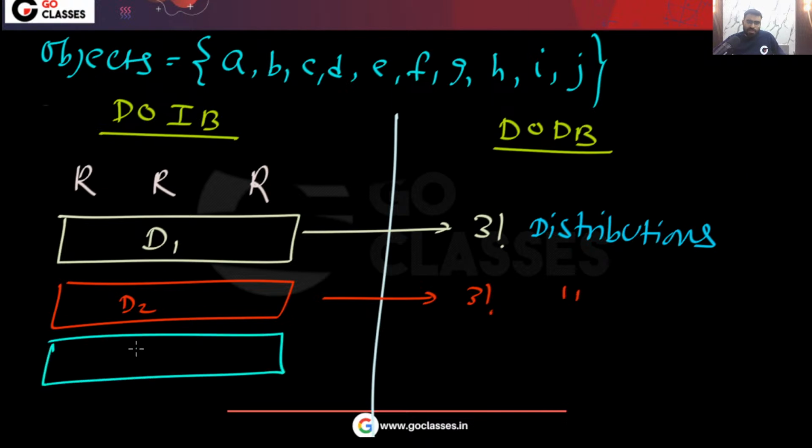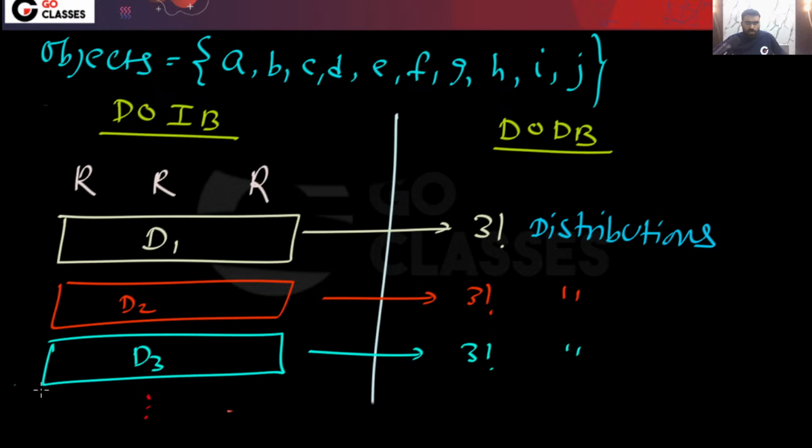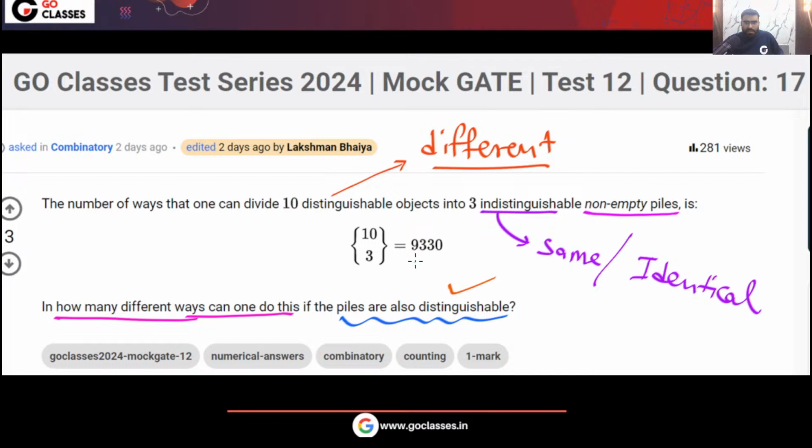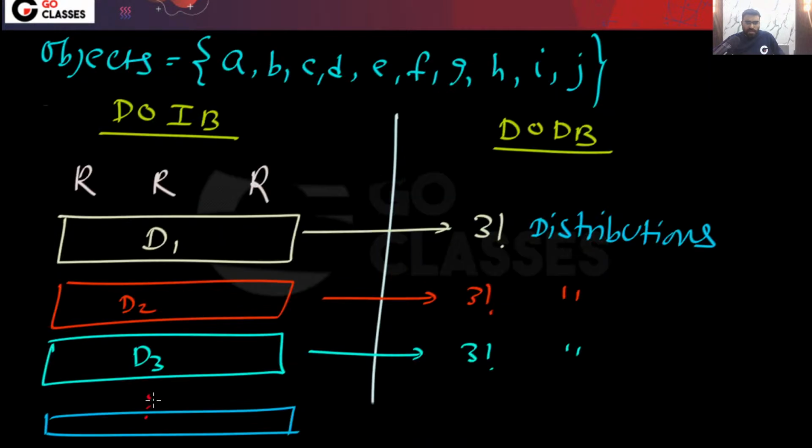If I give you D3, again 3 factorial. Is this clear? So finally, how many distributions do you have here? The question has already given you 9330.